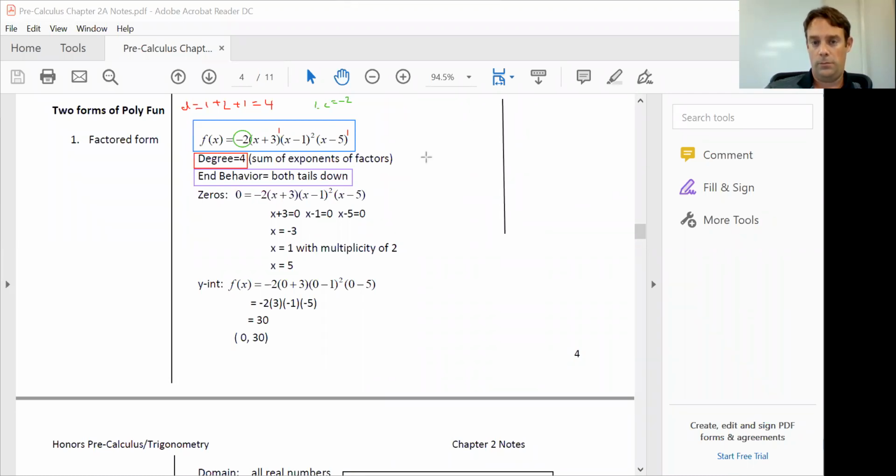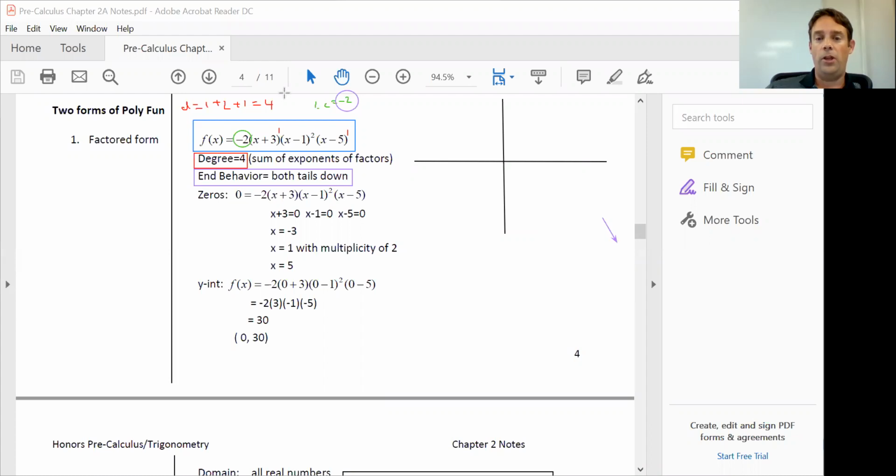So I have a tail. The leading coefficient being a negative number tells me where it ends: it finishes low.